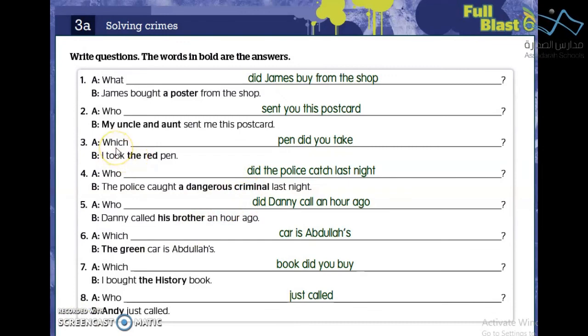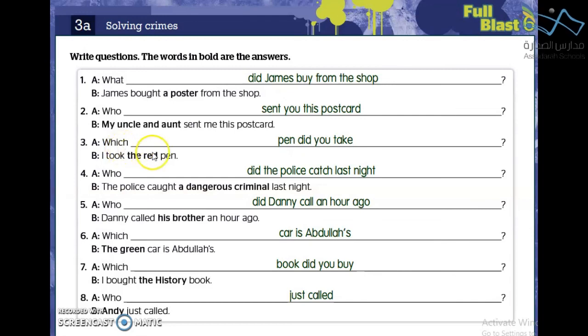Be careful while using which, because the formation of the question using which is a little bit different from the other WH questions or question words. After which, we put the thing that I want to ask about. Most of the time, if I have two different options, I use which in order to say this one or that one.